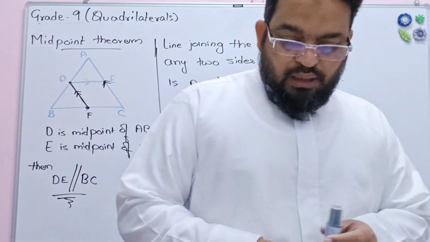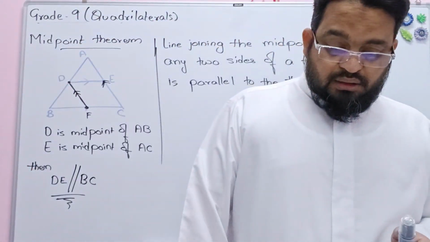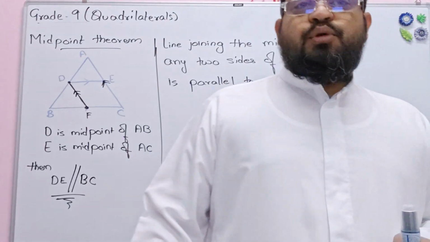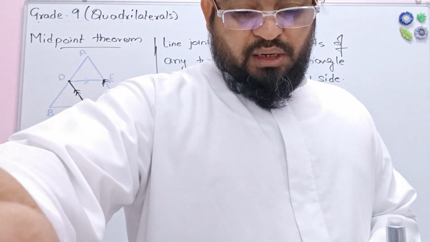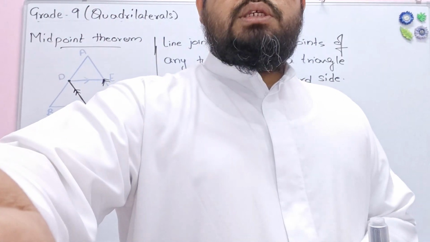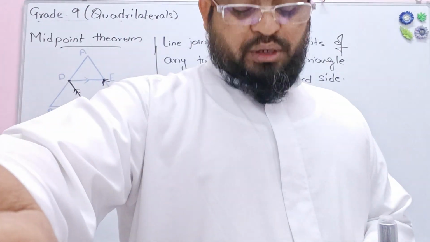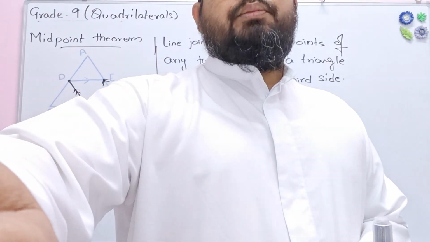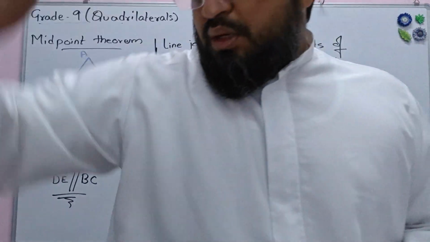Understood? Now let us see the concepts and the problems through which you can solve them. For this, let me go to the practice questions and concepts of quadrilaterals which are given. So exercise 8.2, question number 1.